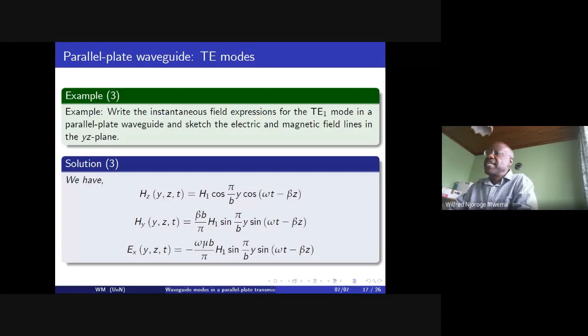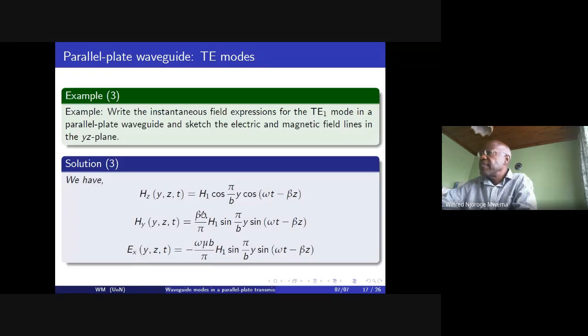So we have that Hz for TE1 is given by H1 cosine pi y by b, cosine of omega t minus beta z. Hy is of course going to be given by the derivative of Hz, and therefore we have beta by b over pi, and the H1 sine pi by b of y.